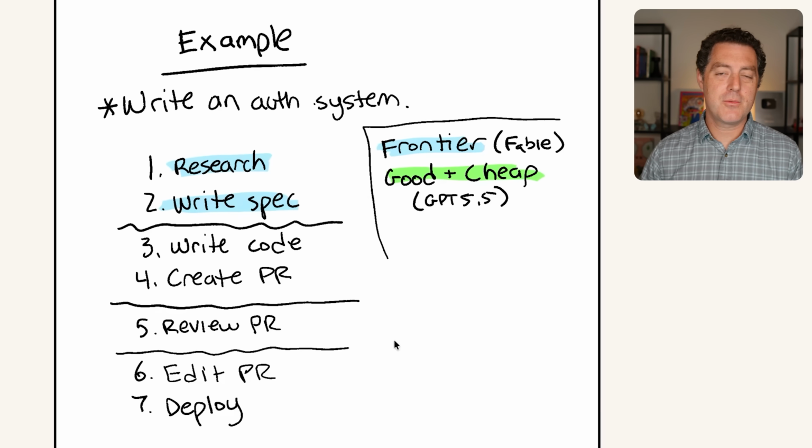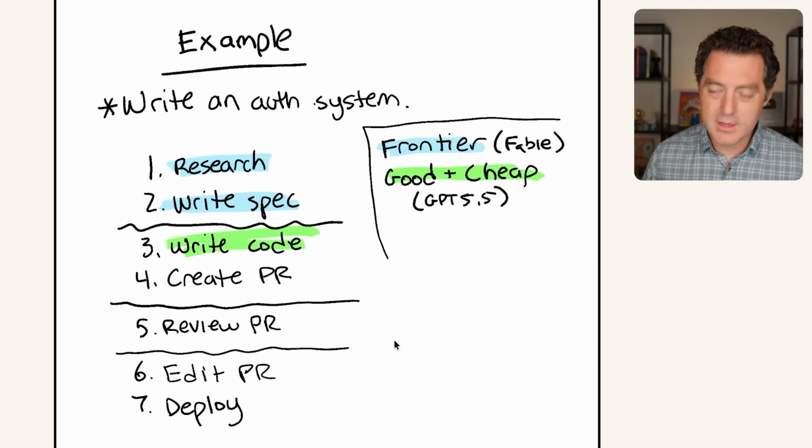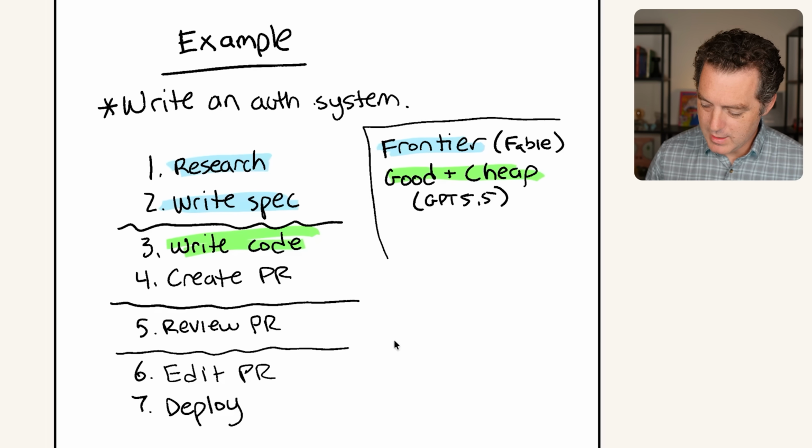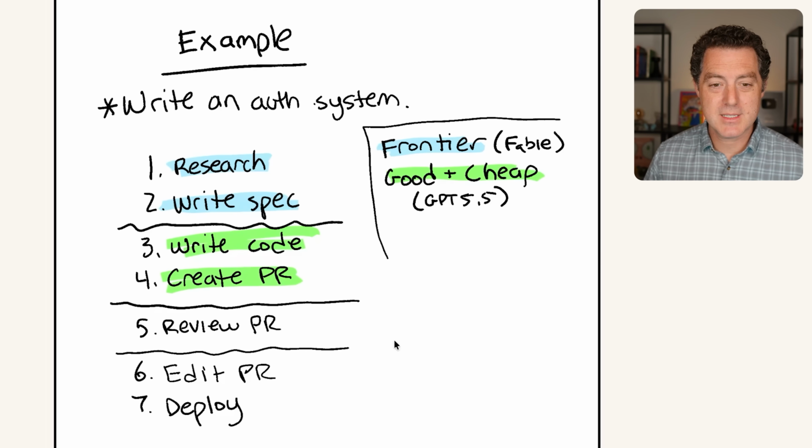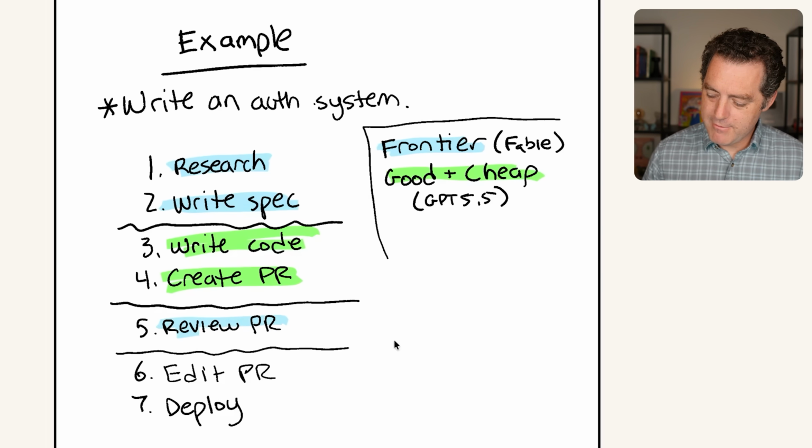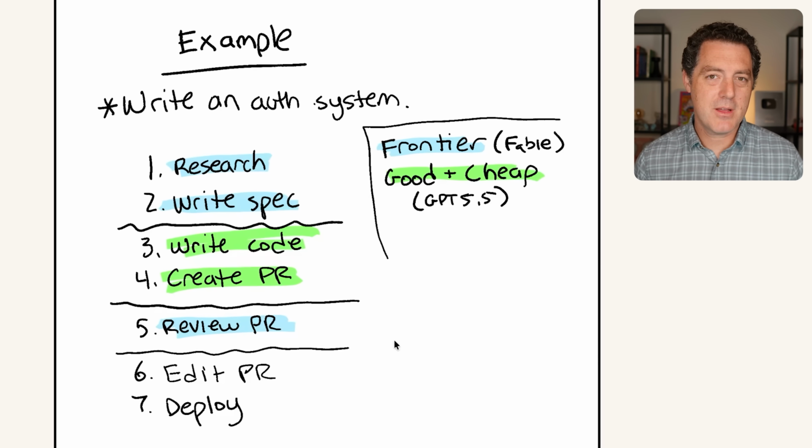So after you do the research, after you have that spec written, you give the spec to the cheaper coding model and you have it write the code. And from there, when it's done, you have it create a pull request. Now, this step is optional, but I like to do it to have that frontier model really just check the work once more. And I have it review my PR. So I take the PR that was created by the cheaper, good coding model, and I give it back to Fable.